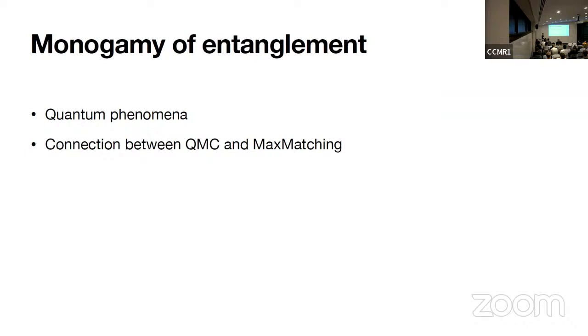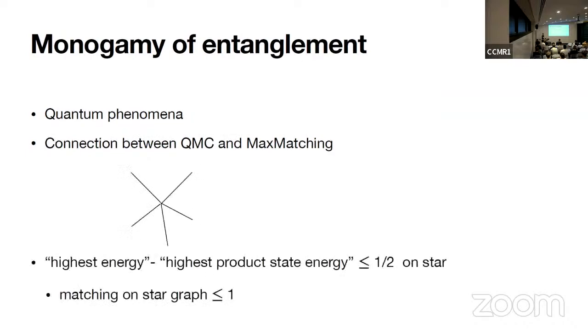All right, so another important factor that we use in this paper is monogamy of entanglement. It's a quantum phenomenon, and it gives a connection between quantum max cut and maximum matching. So consider this star graph.